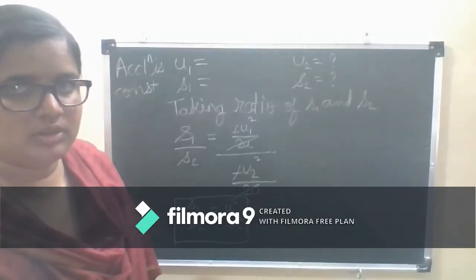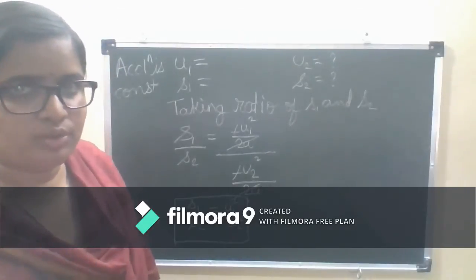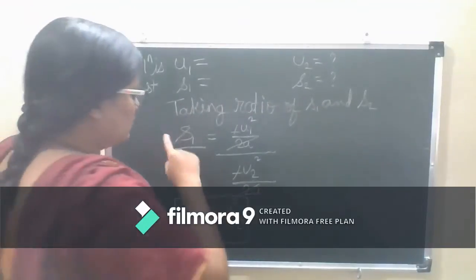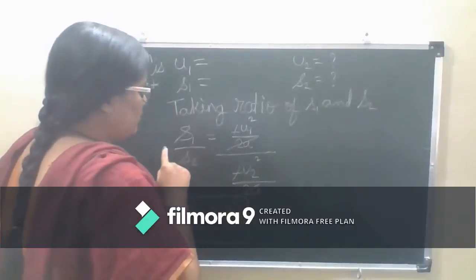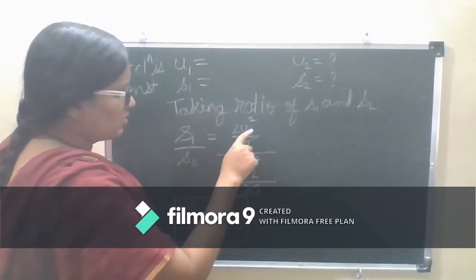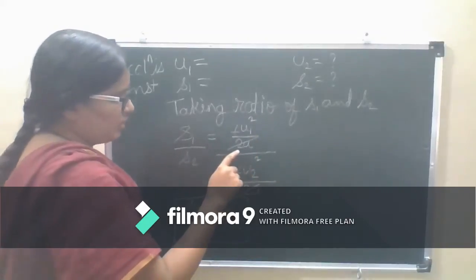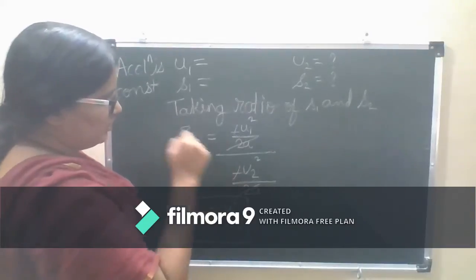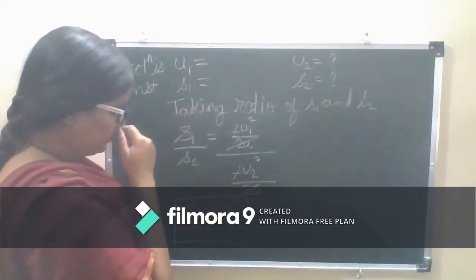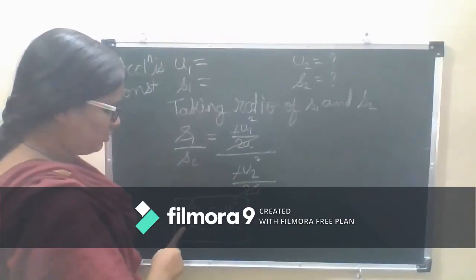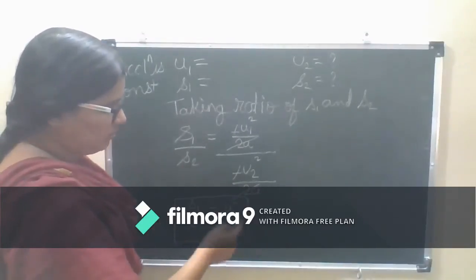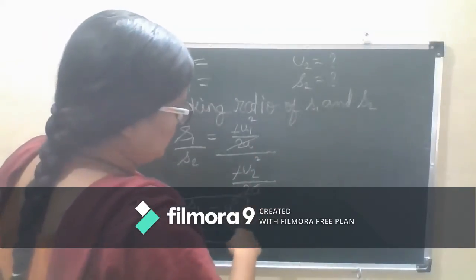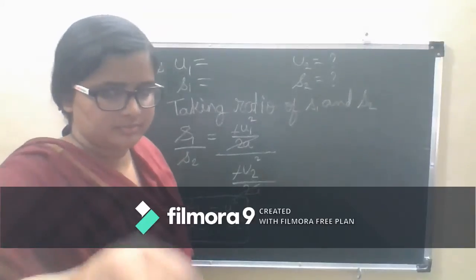So we are taking the ratio of s1 and s2. Taking the ratio, s1 upon s2 is equal to minus u1 whole square upon twice a over minus u2 whole square upon twice a. So twice a and twice a get cancelled, and minus minus becomes plus, and s1 upon s2 is equal to u1 upon u2, the whole square. Now we substitute the values and get the answer.